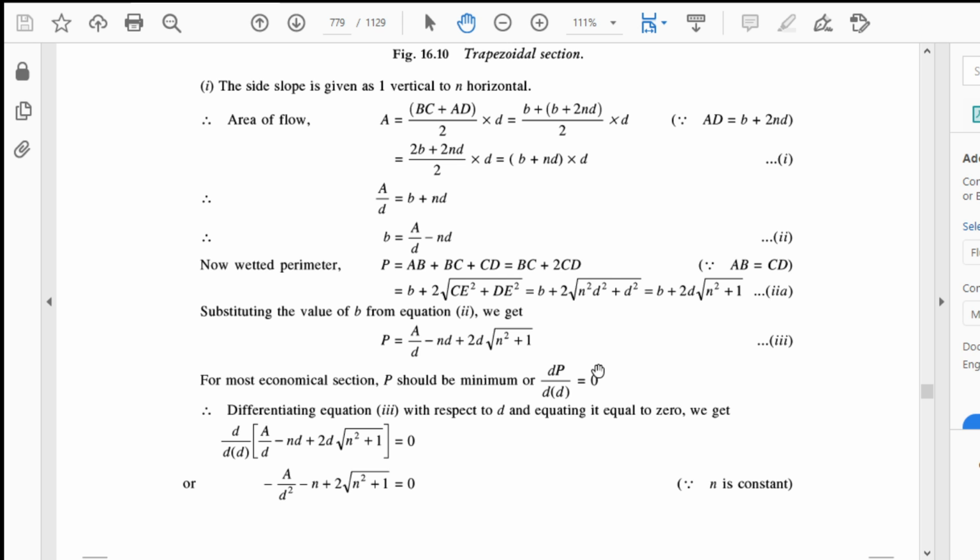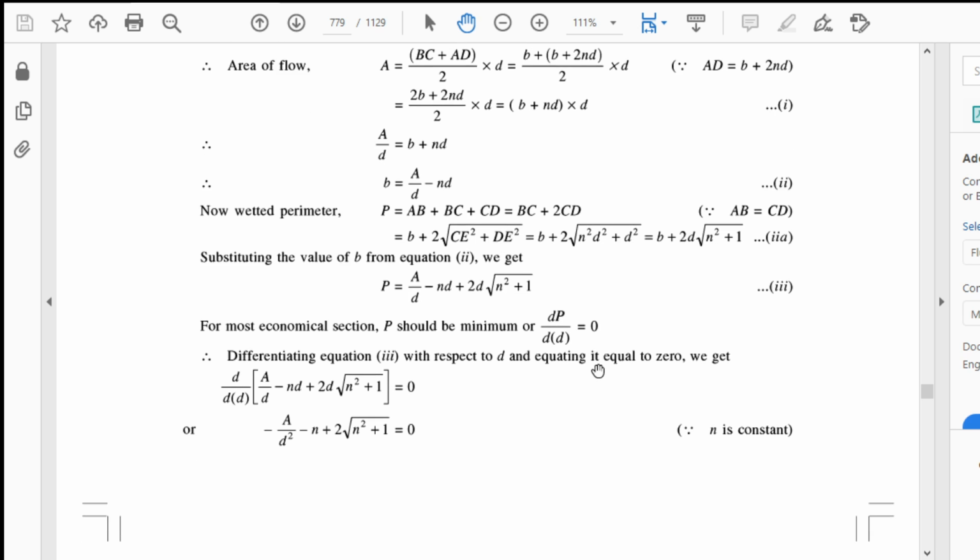Wetted perimeter should be minimum and discharge should be maximum. So the same thing we have to do as we have done in the rectangular section. We have to differentiate the perimeter with respect to D, and that differentiation should be equal to 0.